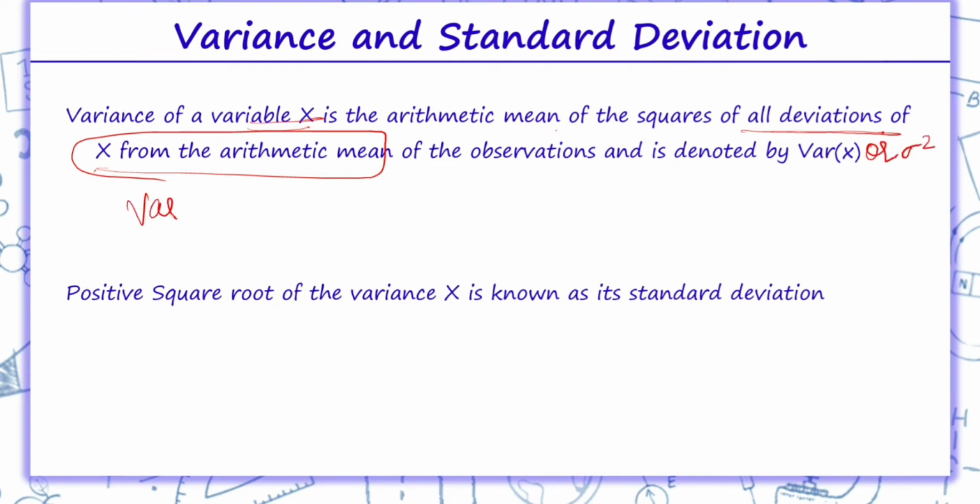Its formula is: variance of x is given by 1 by n summation of (x minus x bar) whole square. This is the deviation from the mean.